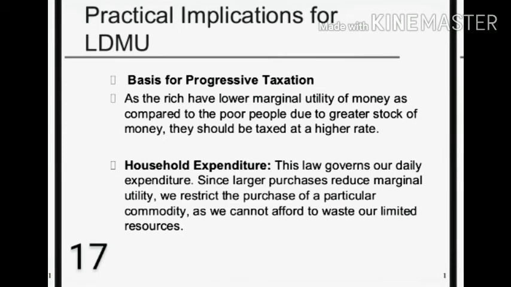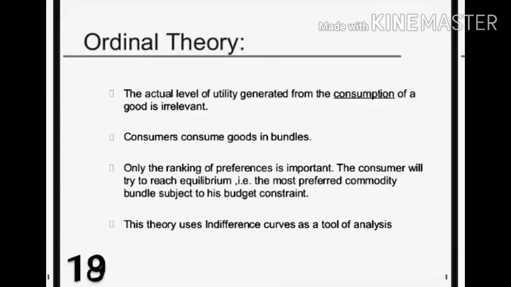Since larger purchases reduce marginal utility, we restrict the purchase of a particular commodity as we cannot afford to waste our limited resources. Ordinal theory. The actual level of utility generated from consumption of a good is irrelevant.